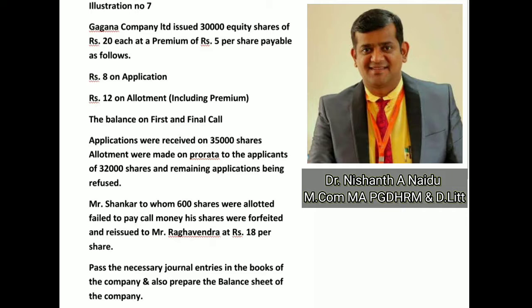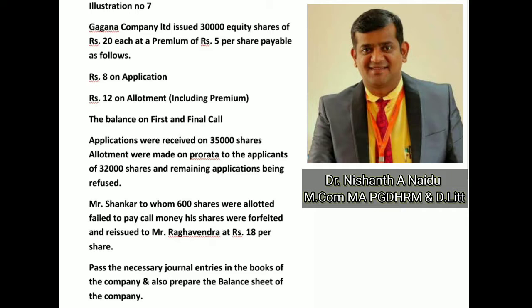Next, in continuation, applications were received for 35,000 shares. So actually the company has issued 30,000, but the public has applied for 35,000. When the number of shares subscribed by the public exceeds the issue, we call that situation oversubscription. Allotment was made pro rata to the applicants of 32,000 shares.